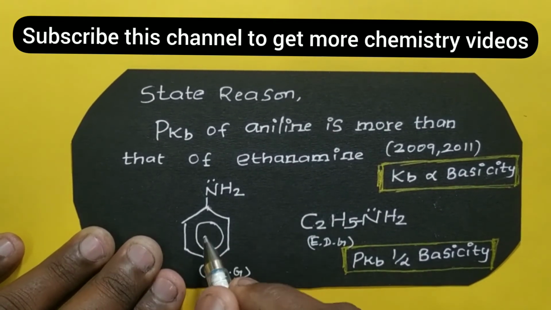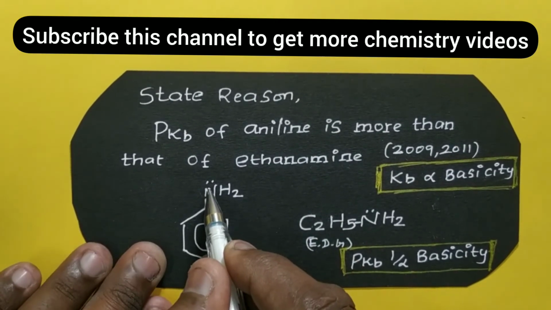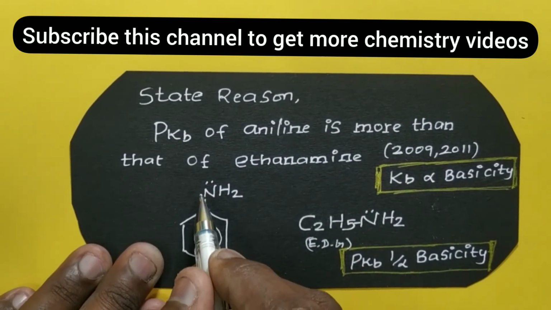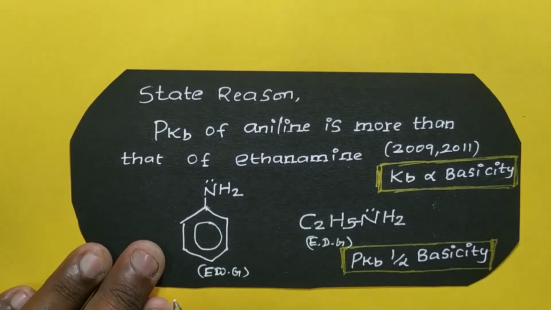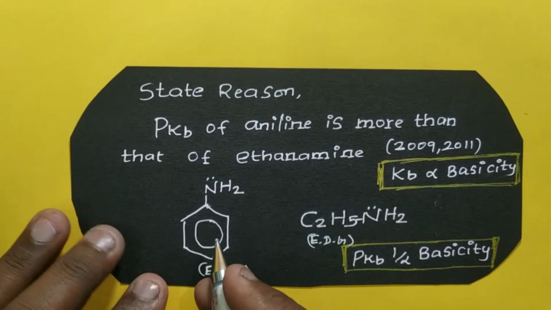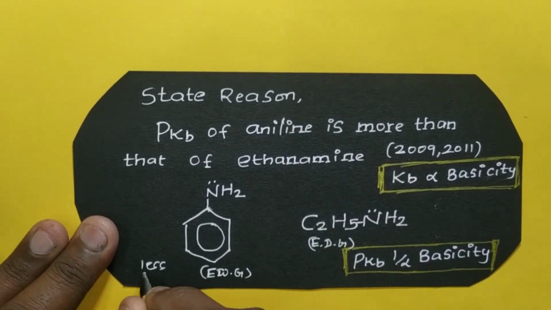The ring pulls the electrons of nitrogen, so the electron density on nitrogen decreases. That is why it will be least basic and has high pKb. If it has a high pKb, it will be less basic.